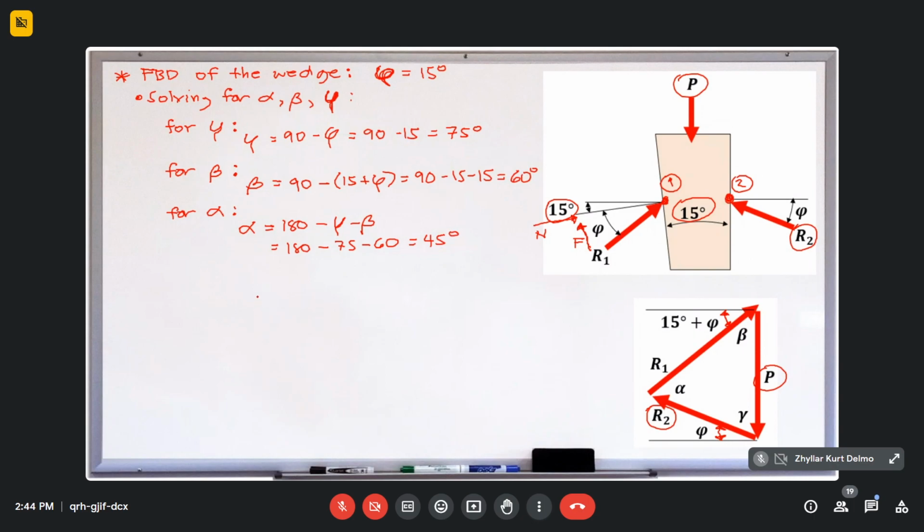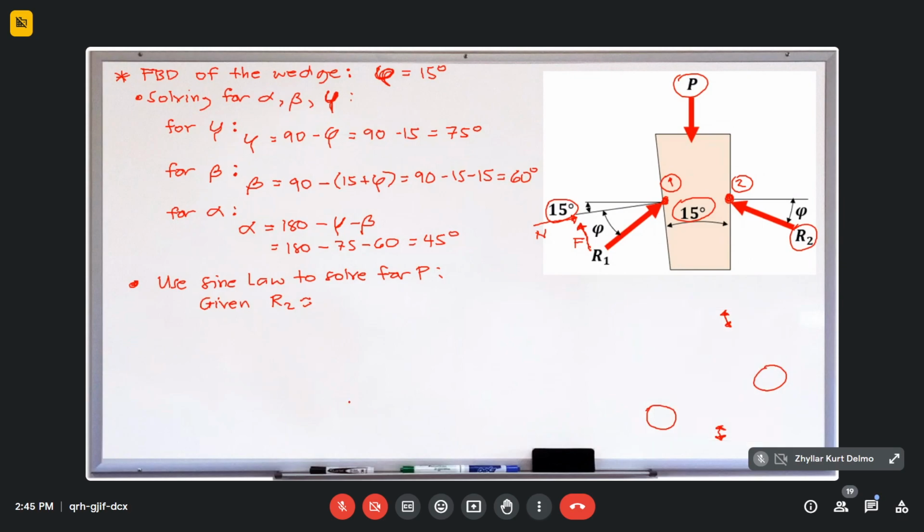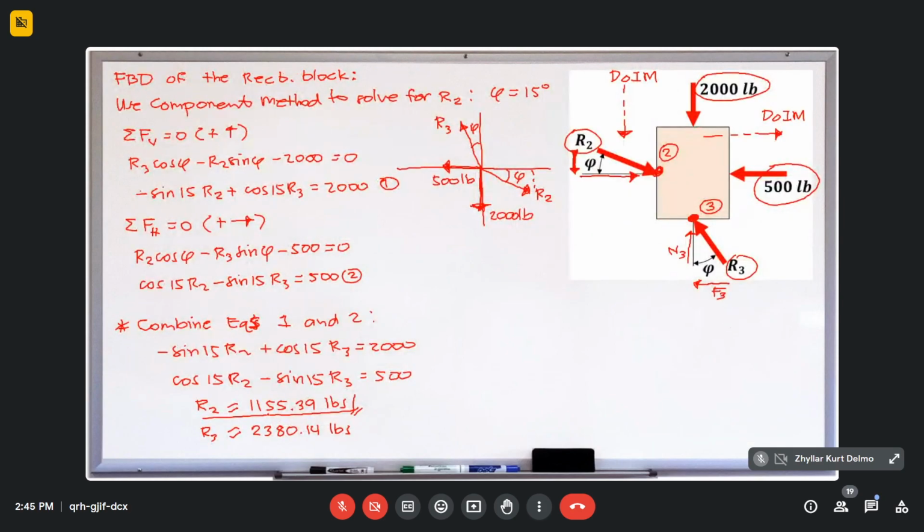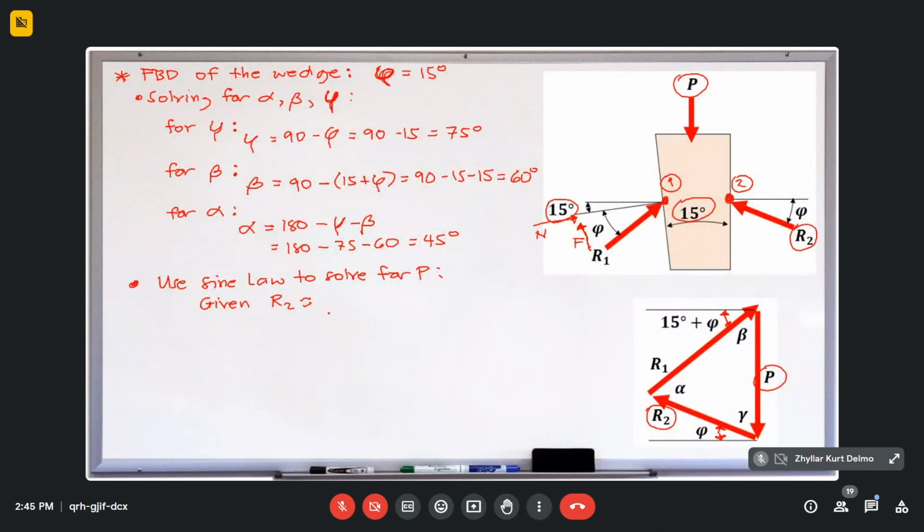Okay. So nakompleto na mga angles diri so ang atong gipangita kay force P, no? So we can use either sine law or cosine law. So to solve for P, ang pinaka-direct is sine law, kay given man ta og value sa R2, nakuha naman ni nato from the previous slide. So R2 from the previous slide is 1155.39 pounds.